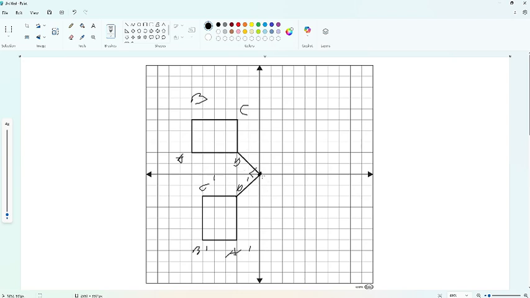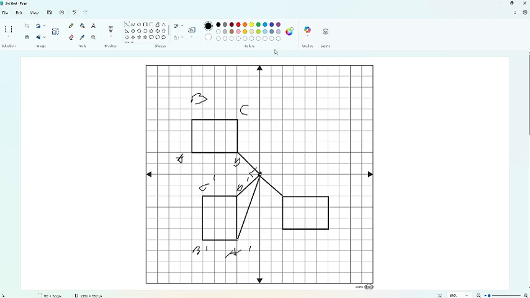Now we want 180 degrees. Let's see, what will happen? First of all, D would be over here, and it would be like this. Why? Let's use example A, right here.